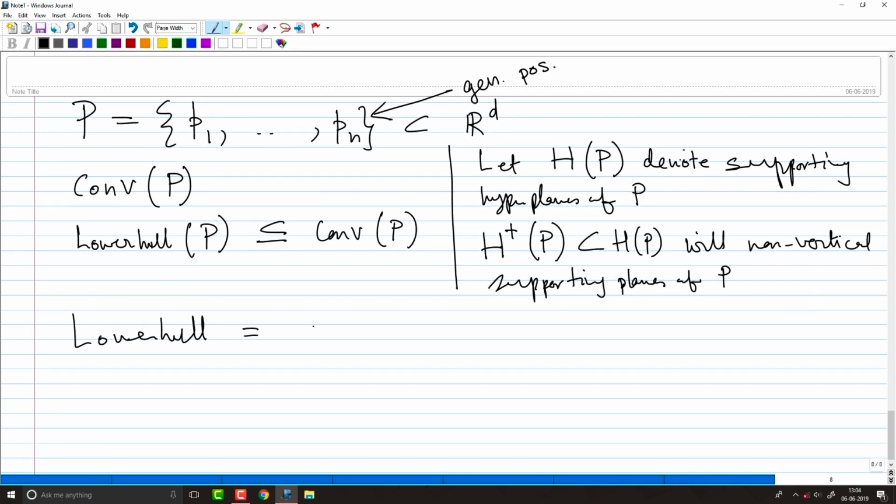The lower hull is the convex hull of P, the whole intersection, all H belonging to H plus of P.